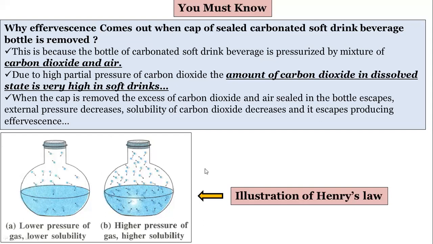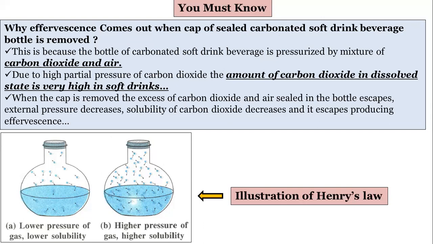Then, yes, you must know this example. Why does effervescence come out when the cap of a sealed carbonated soft drink beverage bottle is removed? So, if you understand the solubility and gas relation, we can give this answer.